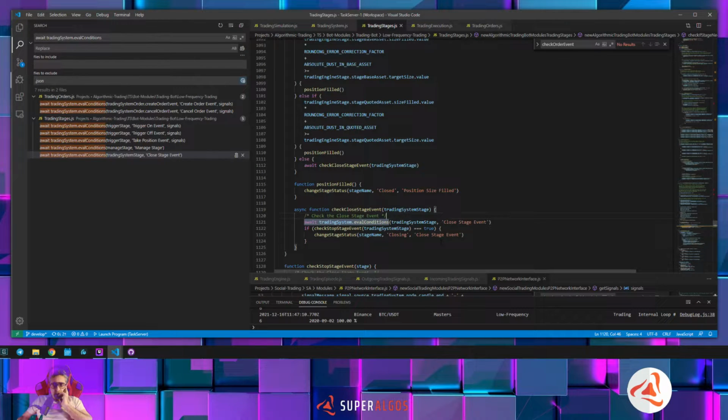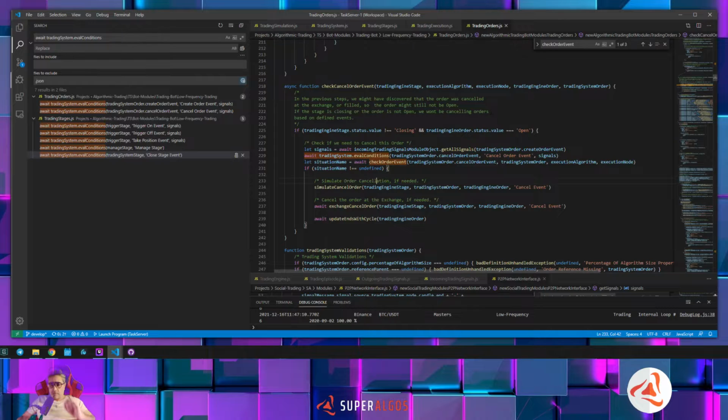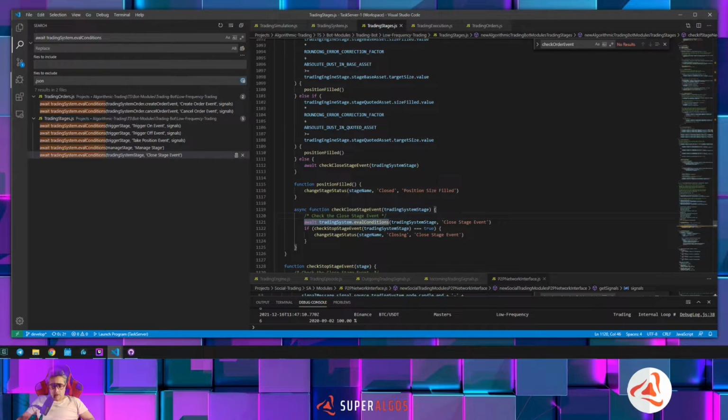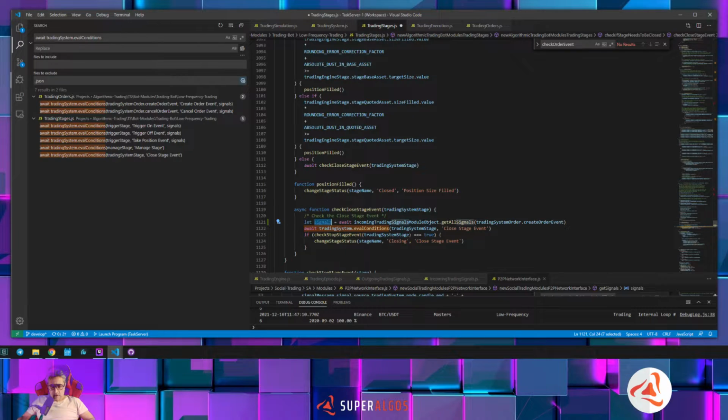Okay, so let's get this line. And before this guy executes, we'll get the signals and we will send it in here. And trading system stage.